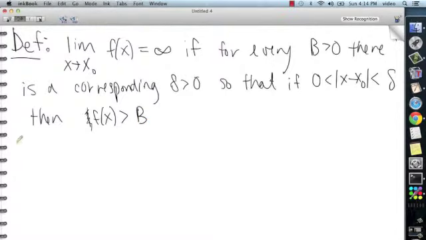And similarly, we can write down the definition for negative infinity. Let's do that quickly.